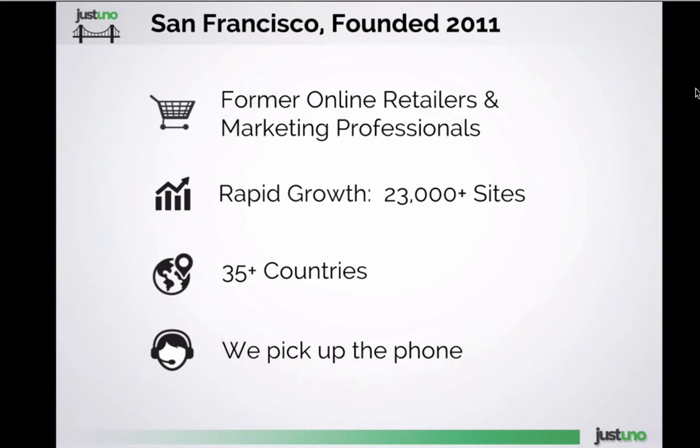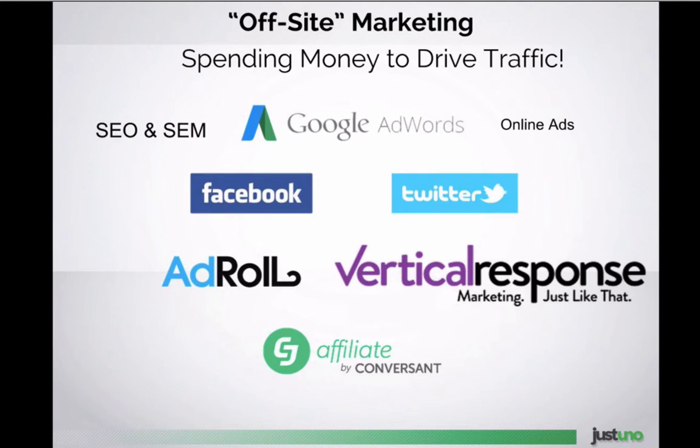Maybe they're using Google AdWords. Maybe they're doing online ads, or social ads like Facebook sponsored posts or Twitter ads. Maybe if they're a little more sophisticated, they're using retargeting technologies like AdRoll. Of course, in the abstract, email marketing like VerticalResponse does drive traffic back to the site, but you have to capture them and have them in the system first before it drives that traffic back to the site.